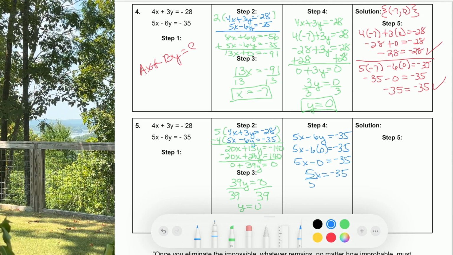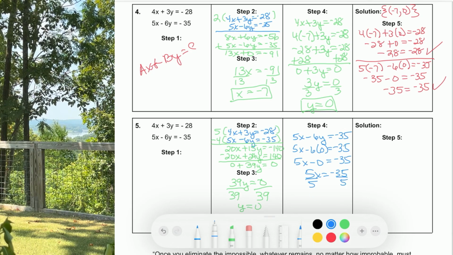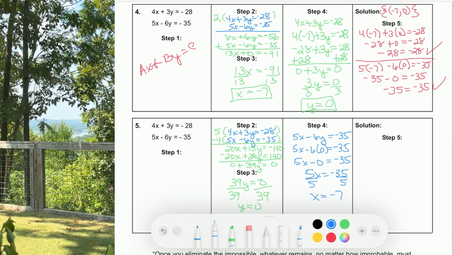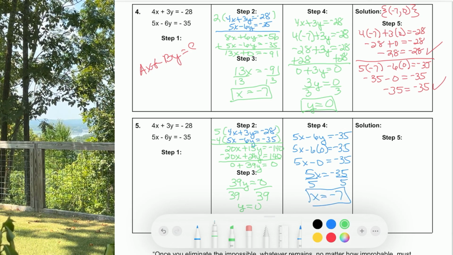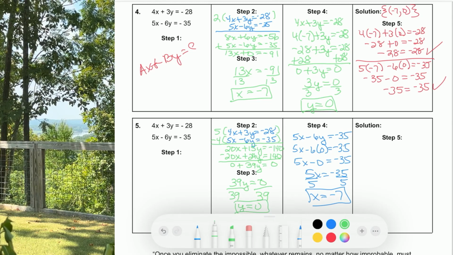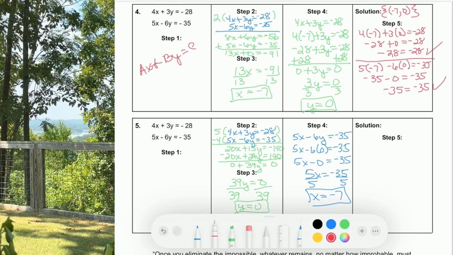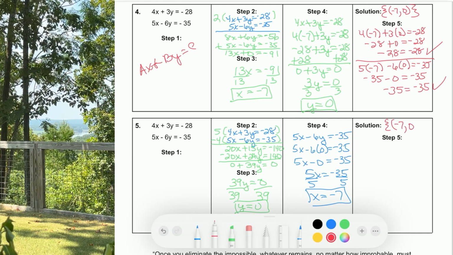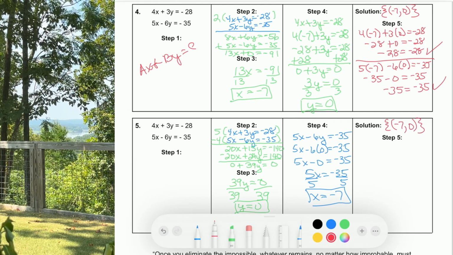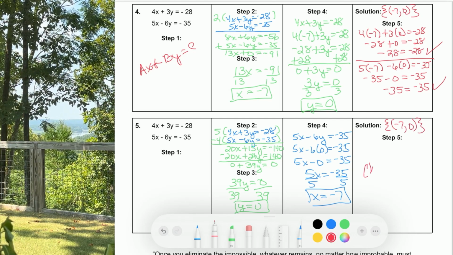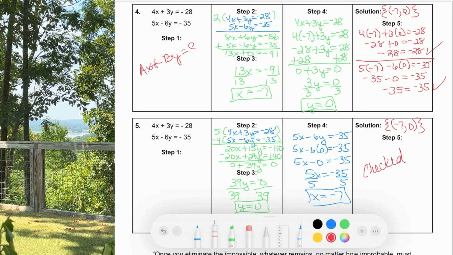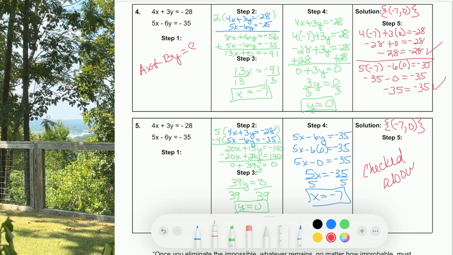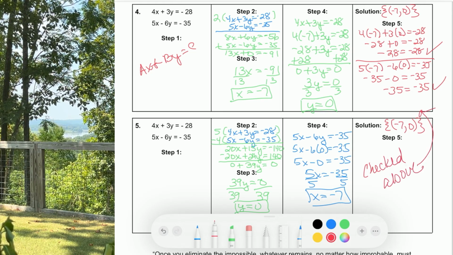Divide both sides by 5, and I get x equals negative 7. So we did, in fact, get the same values. So our solution set is negative 7, 0. And I'm not going to check again because we already checked above, and we already know that these are the correct answers.